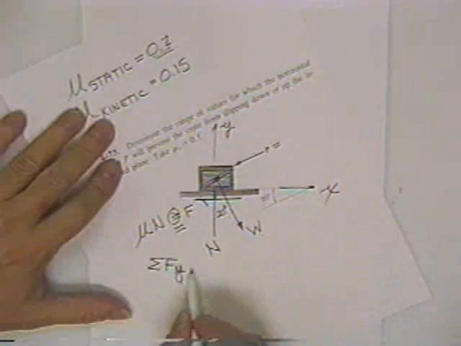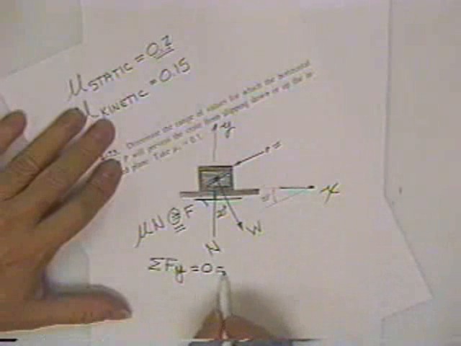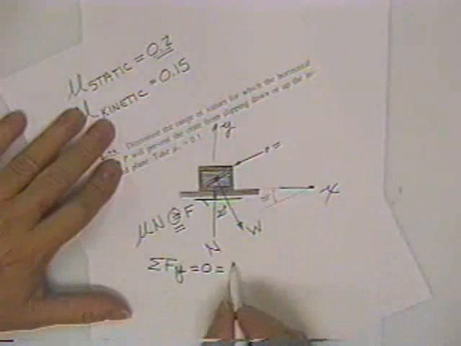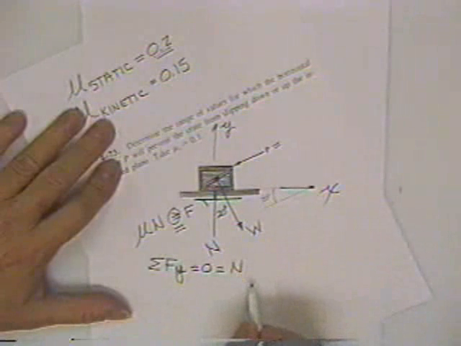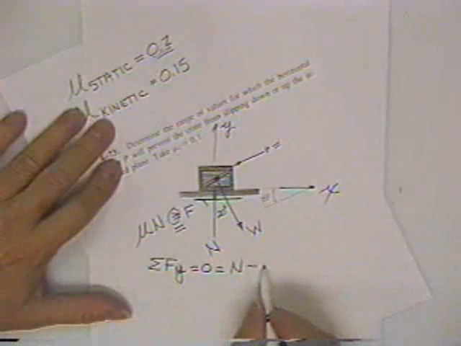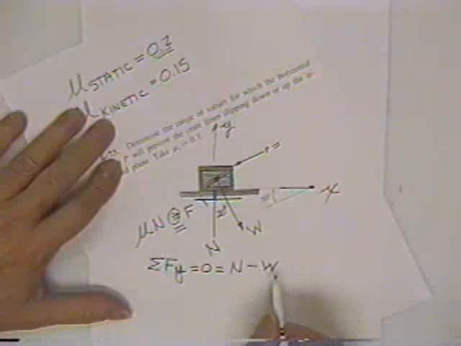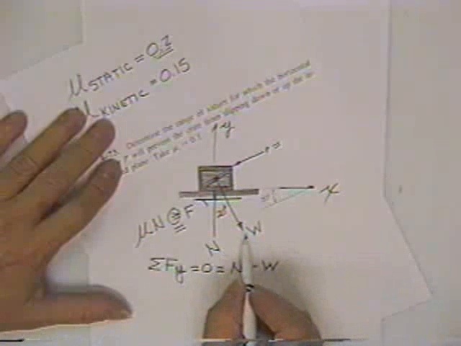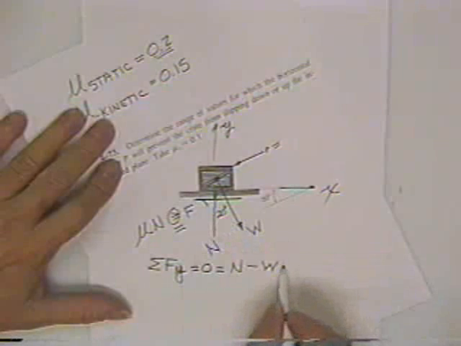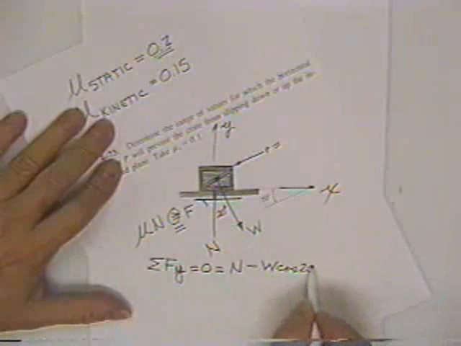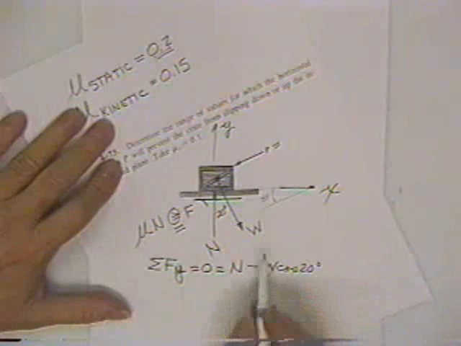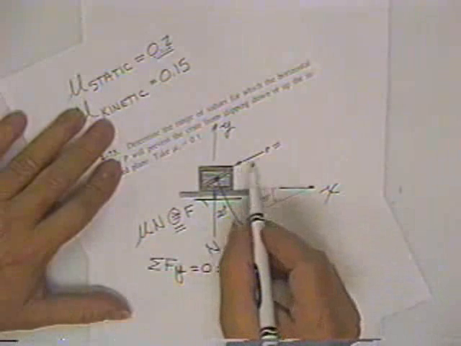Sum of the forces in the y direction has to be 0, is equal to, first you have a force in, then you have a weight acting down, except not all the weight is acting down, only the weight times the cosine of 20 is acting down. And then here's this P force.